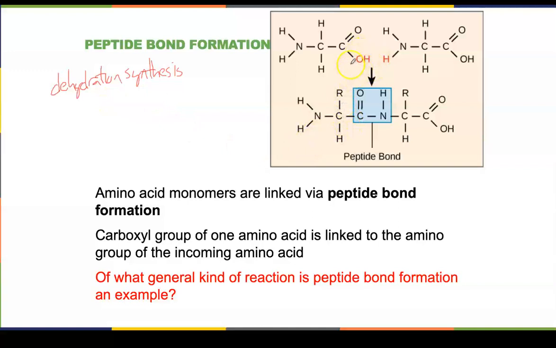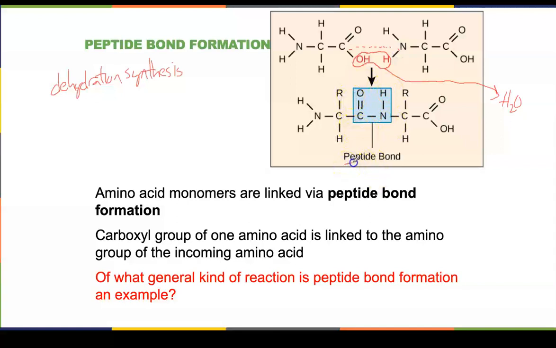And you can see the atoms in red are going to be the ones that form a water molecule when dehydration synthesis happens. So a hydroxyl group here combines with a hydrogen on the next amino acid that forms water and is released. This carbon now becomes bonded to the nitrogen, and the resulting structure is shown in blue.